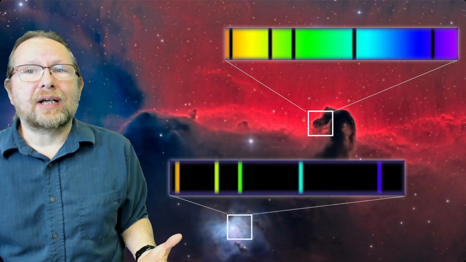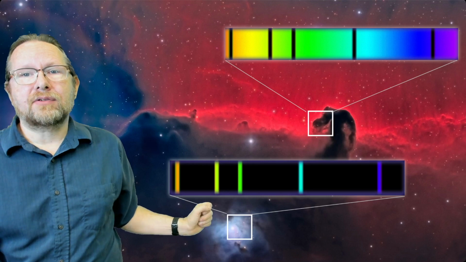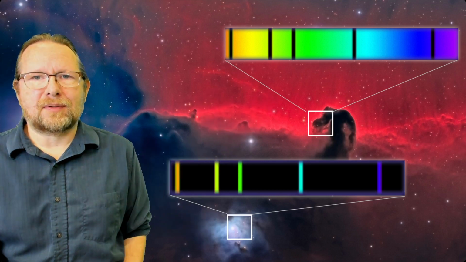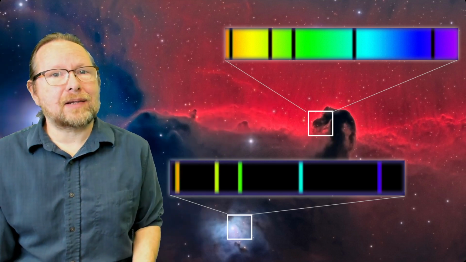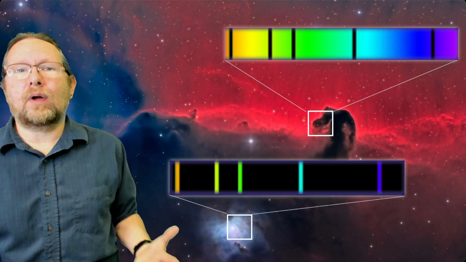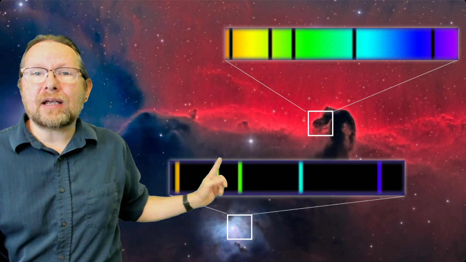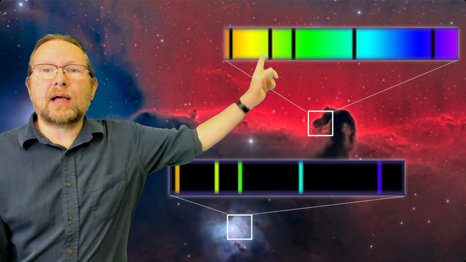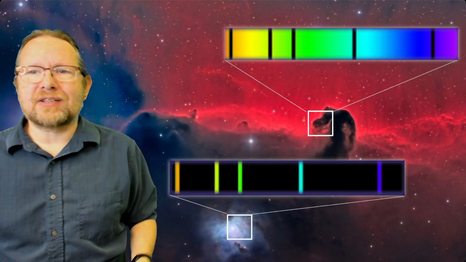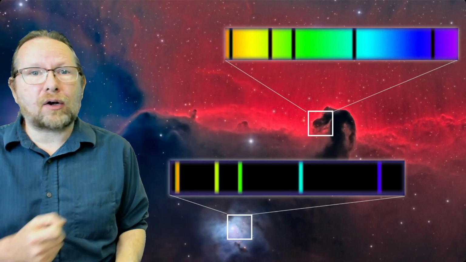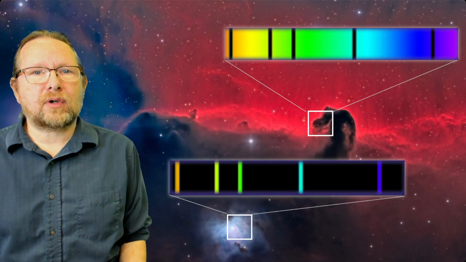That spectrum will tell us something about the gas, just like this spectrum will tell us something about the gas, and they actually tell us the exact same thing. What they tell us is what that gas is made of. You can think of these emission spectrum lines and these absorption spectrum lines as carrying information the same way that a barcode on a product that you buy at the store carries information.